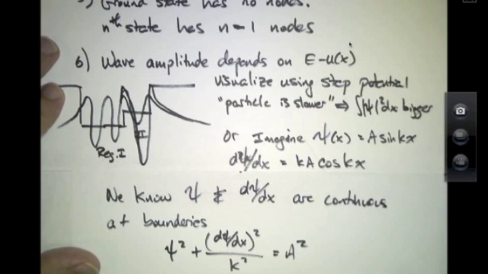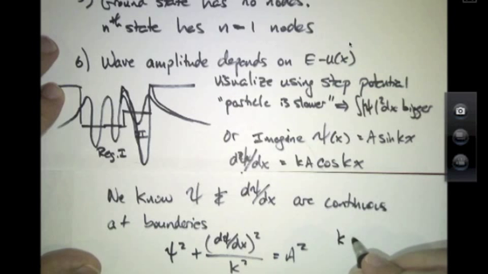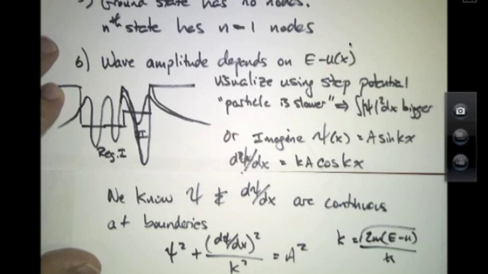Why is this relevant? Well, psi and d psi dx are continuous at this boundary. We know that k, which is square root of 2m(E minus U) over h bar, we know that that quantity is discontinuous.